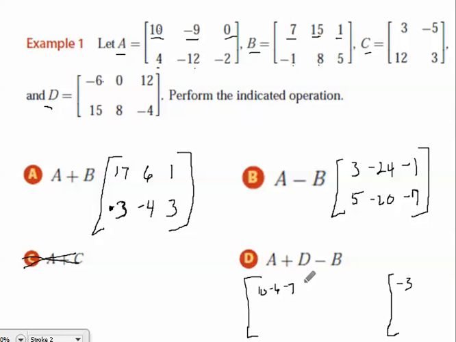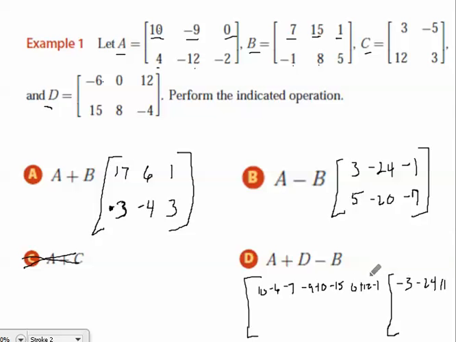Okay? So negative 9 plus 0 minus 15 is a negative 24. Okay? And 0 plus 12 minus 1 is going to give me an 11.